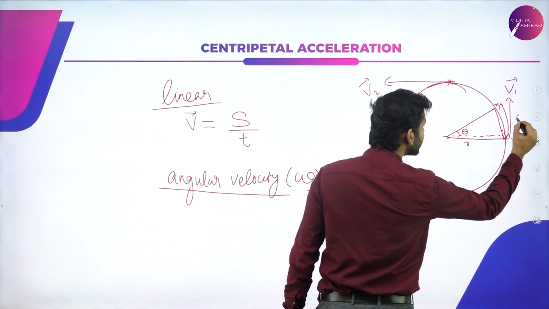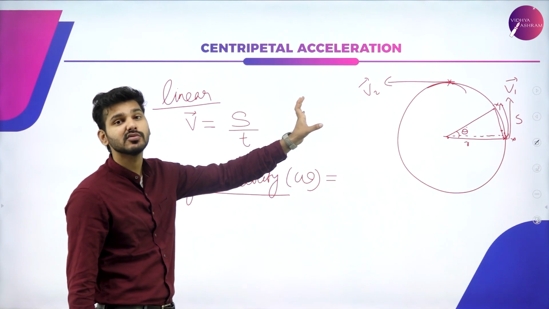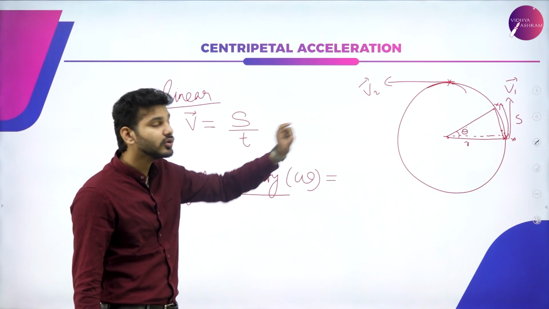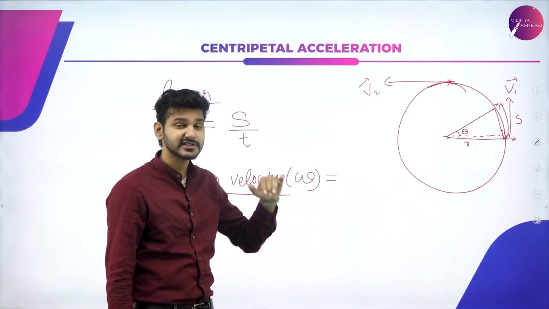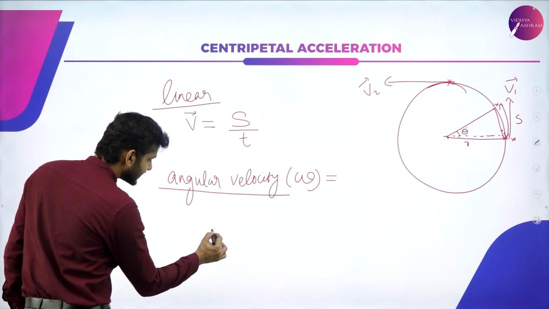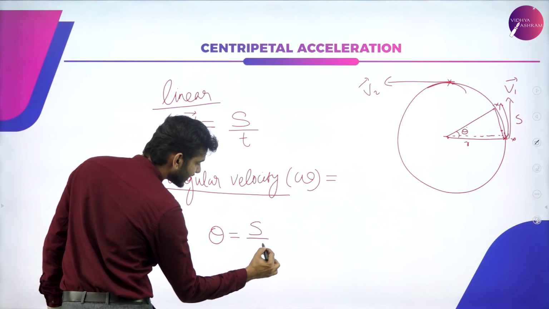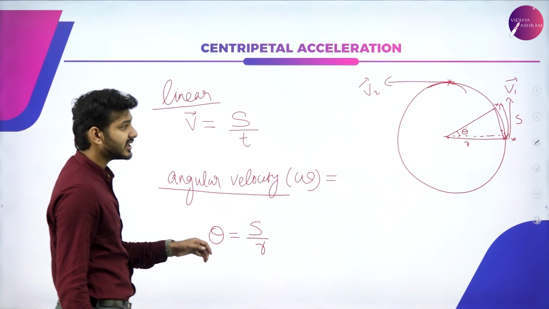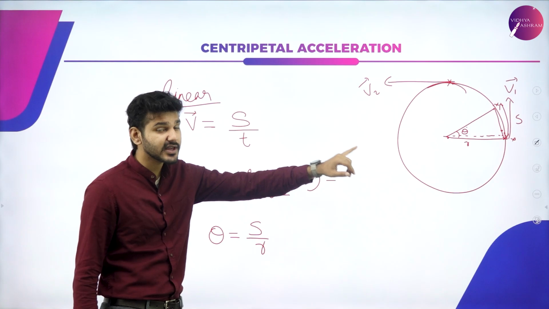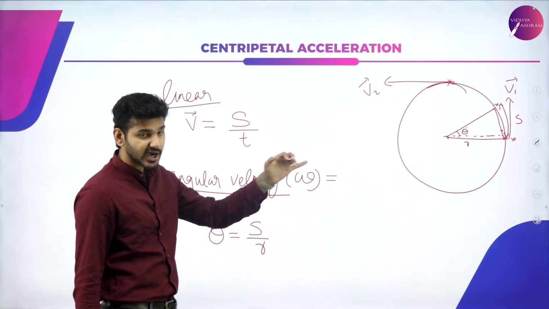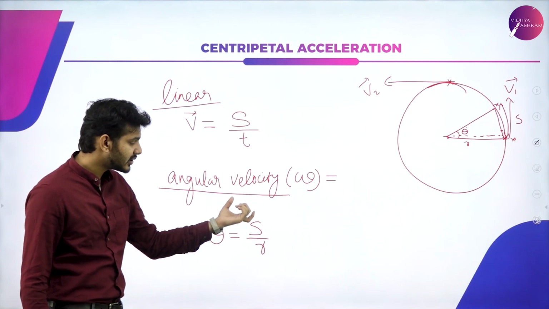So the arc length is equal to S. And we already know theta: theta is equal to arc length divided by radius. Here theta is the angle, arc length is the displacement of the car, and r is the radius. So theta is equal to S by r.